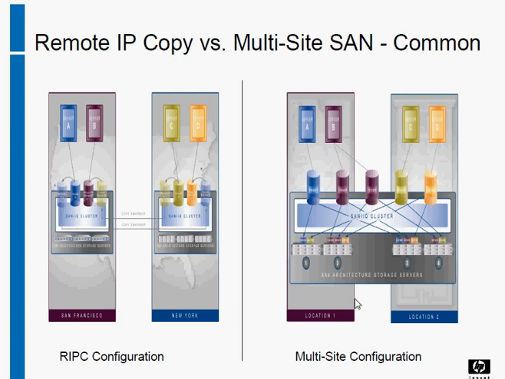Like we see here, the big difference is that we add the power of the clusters in location 1 with the power of the cluster in location 2, and we create a big cluster. These 2 locations could be separated 50 miles, it doesn't matter. And we're going to be using the power of these processors all together combined to provide and serve data to all of our servers here.